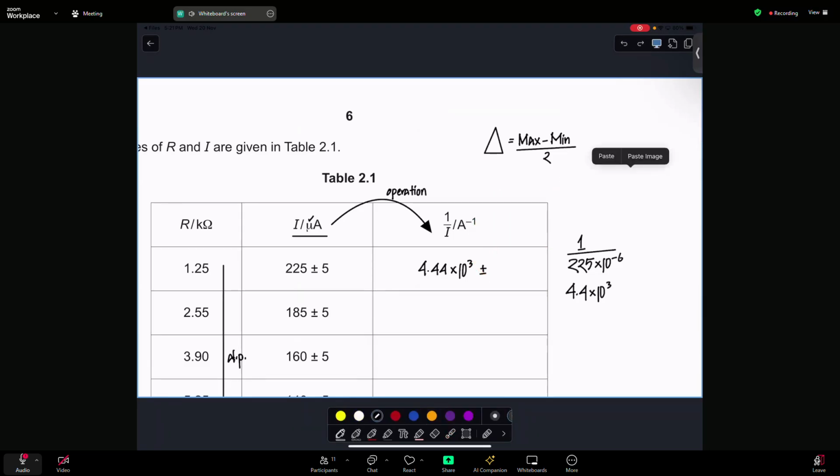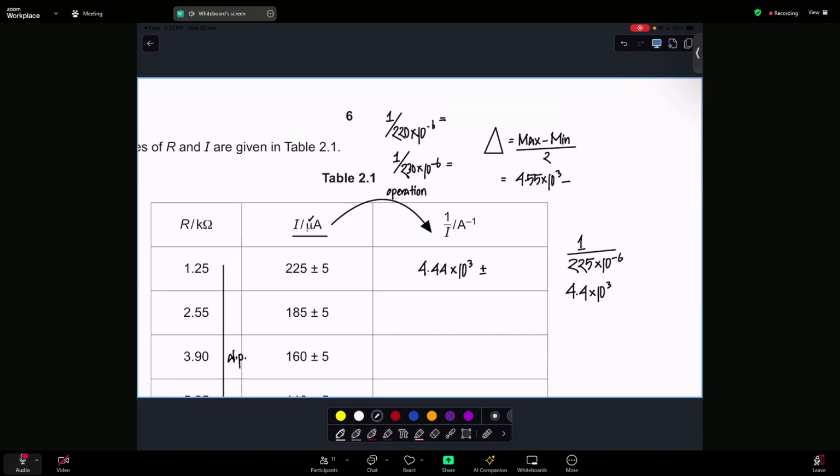Let's use this and find out what's 1 by 220 into 10 to the power minus 6. We'll also find the other value, using 230 into 10 to the power minus 6. Can you tell me these numbers? 4.55 into 10 to the power 3.